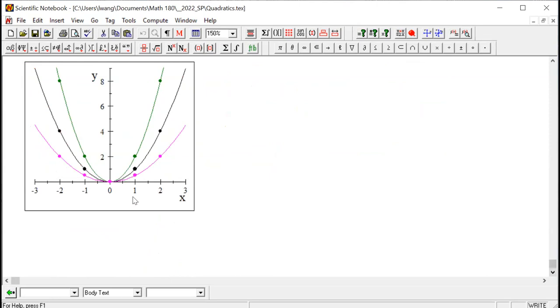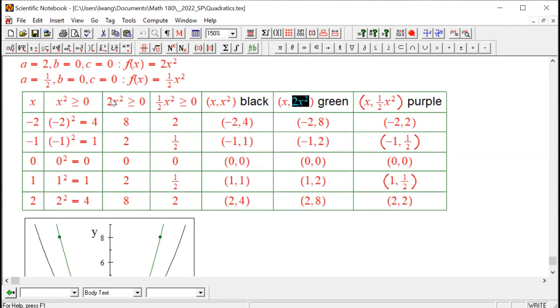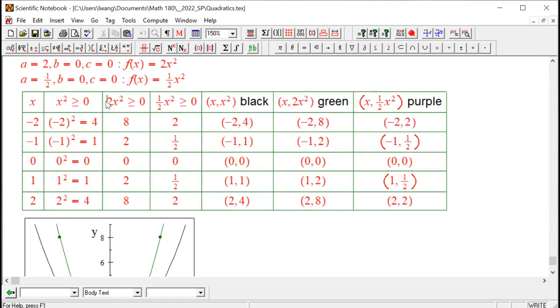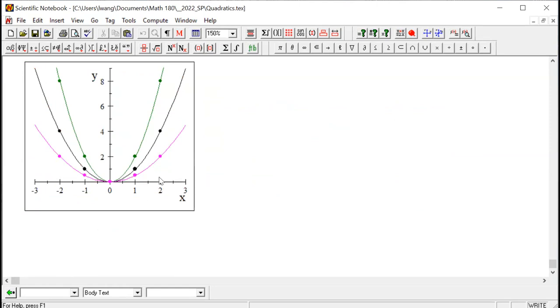So that's pretty obvious, right? So this will give us a very good reference. What if I put a negative sign in front of all of these? Well, everything will flip over, right? If I do negative x squared, negative 2x squared, negative half x squared, what will happen? Well, all these curves will flip over.